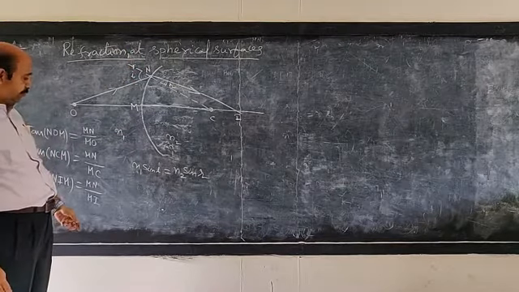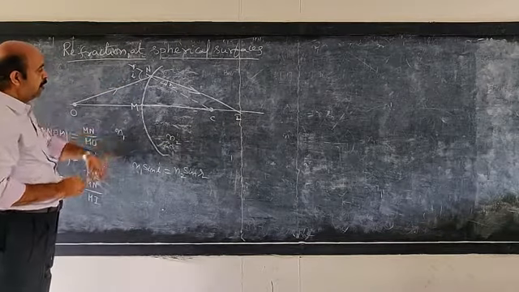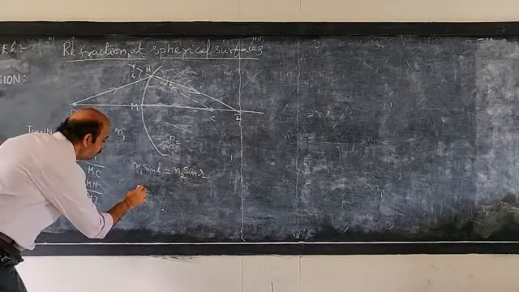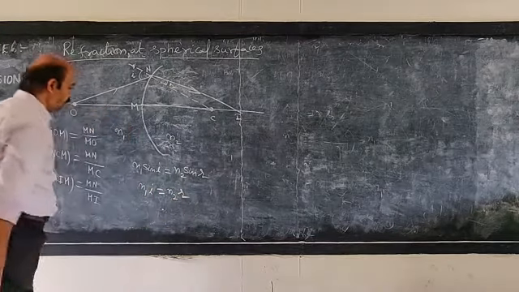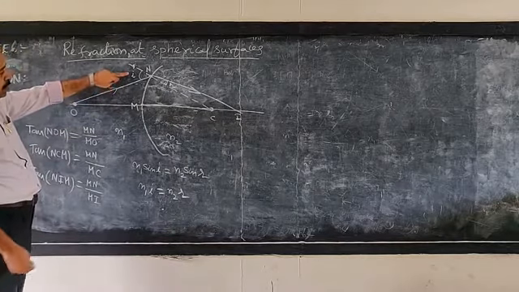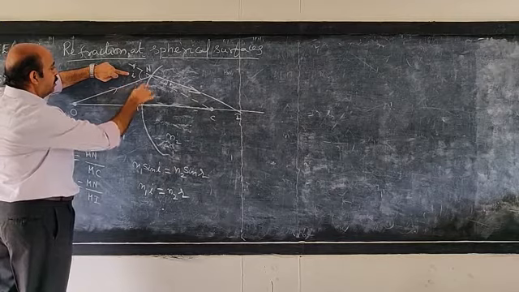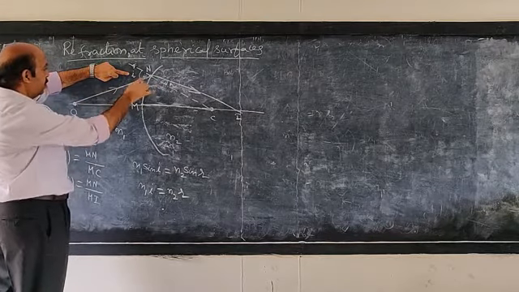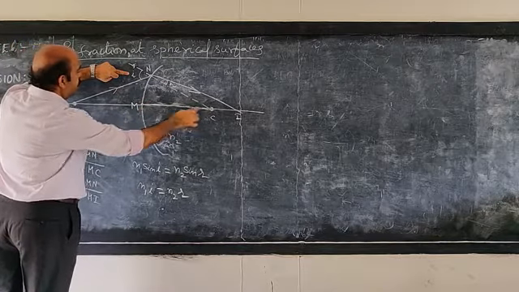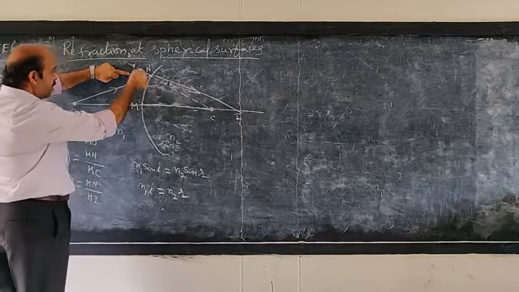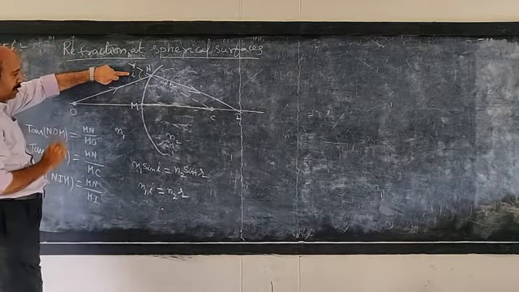In such a case, for small angles of incidence and refraction, this can be written as N1 i equals N2 r. But i is the external angle. You can observe that here is the triangle NOC. For this, i is the external angle, which is equal to the sum of the opposite interior angles.